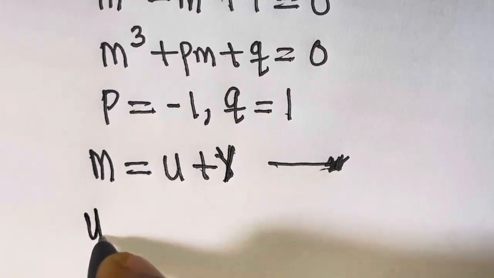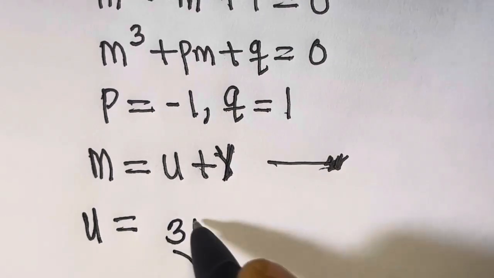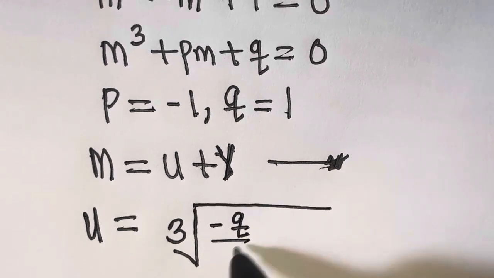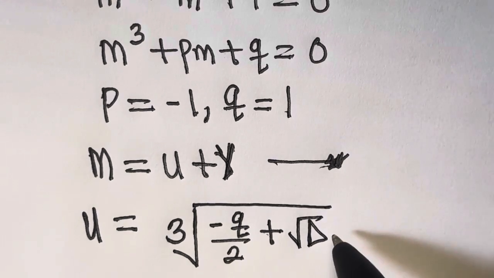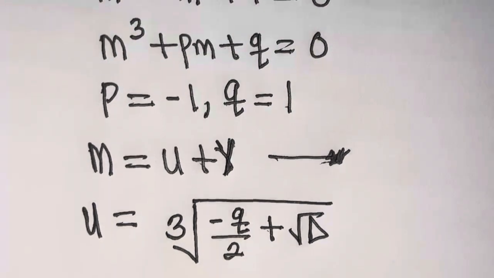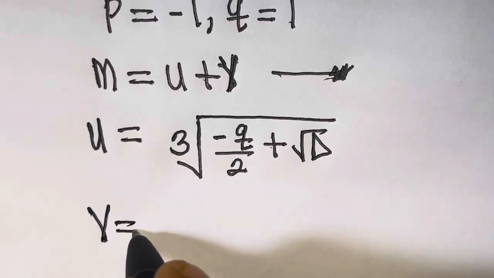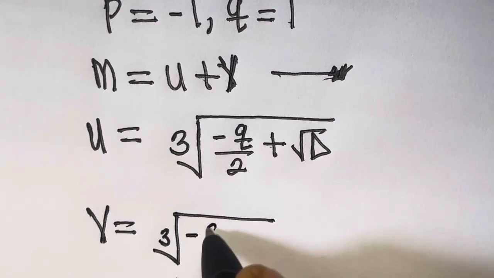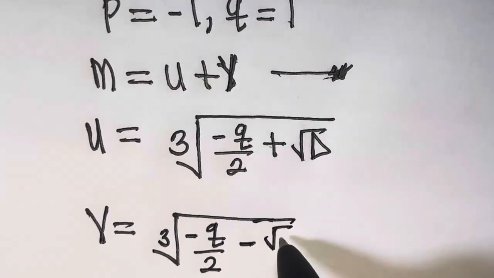Our u equals cube root of minus q divided by 2 plus square root of d. The d we have here, we call it the discriminant, and also v equals cube root of minus q divided by 2 minus square root of d.